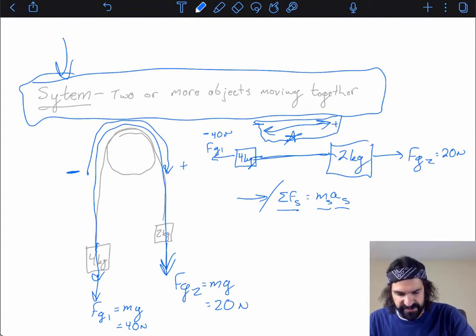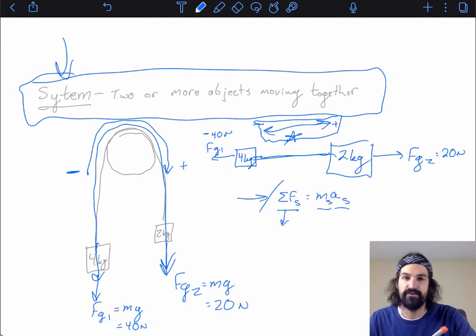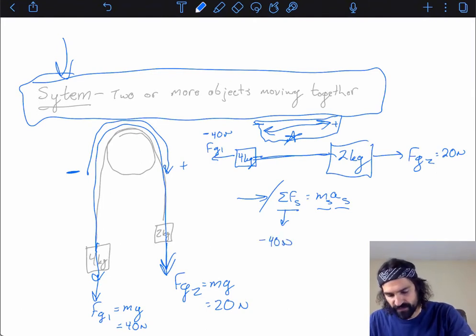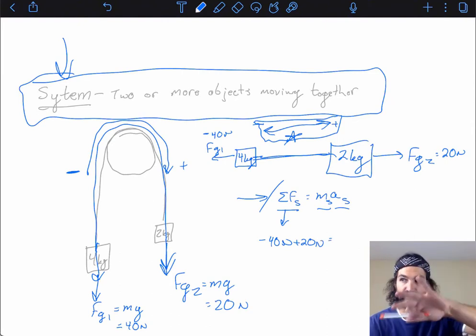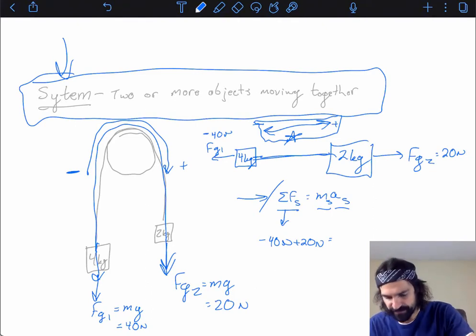And then net force of the system is the sum of all forces on the system. So we have negative 40 newtons plus 20 newtons, and that's equal to the mass of the system. Well, the mass of the system is the total mass because it's all moving together, so 6 kilograms.